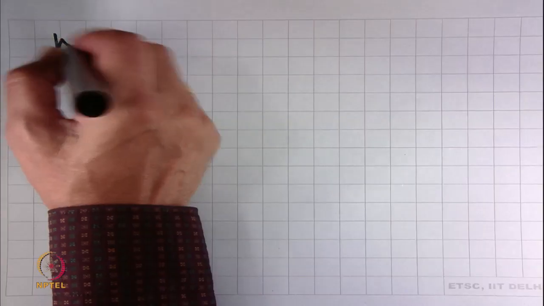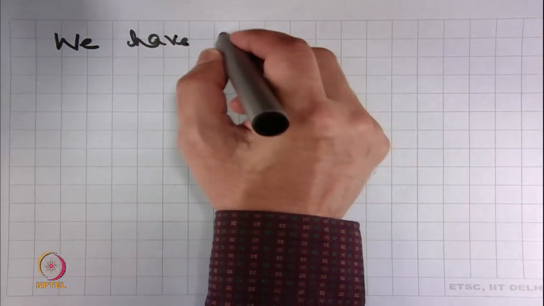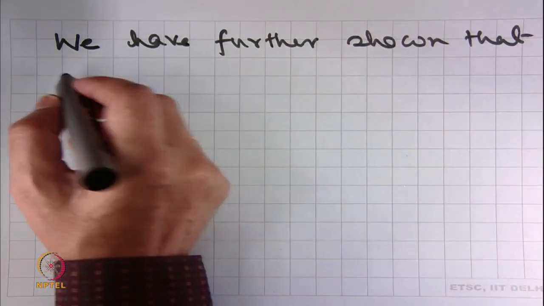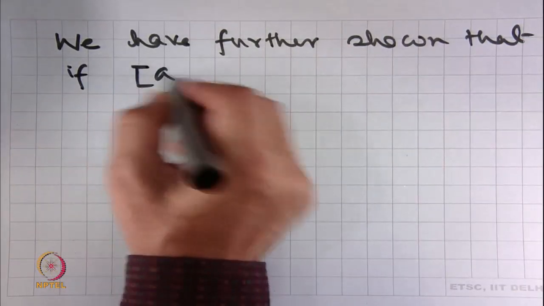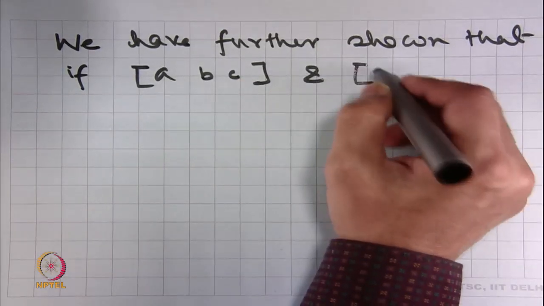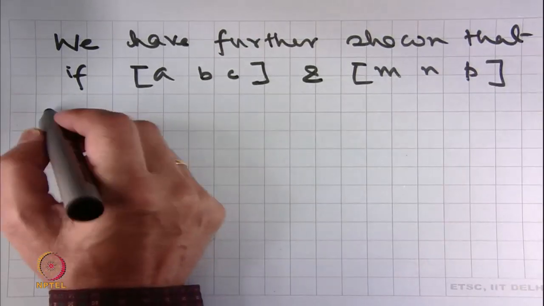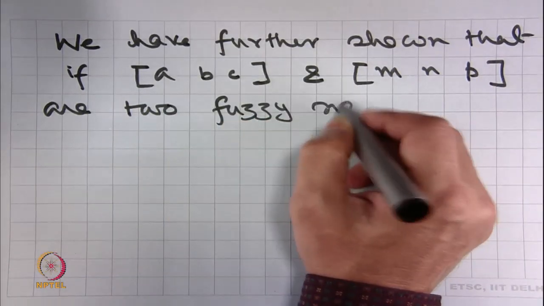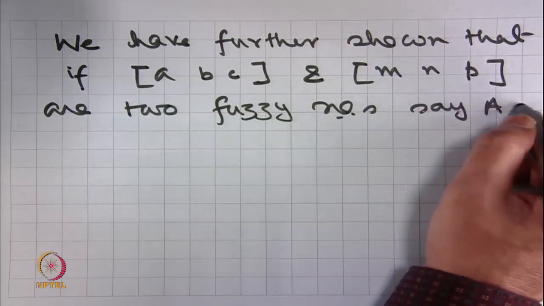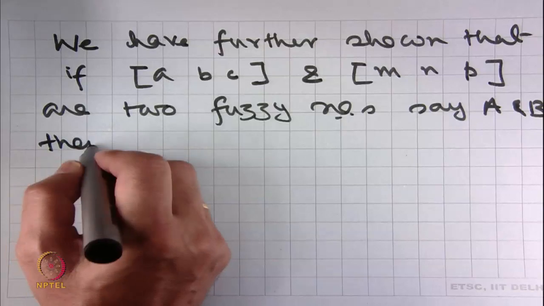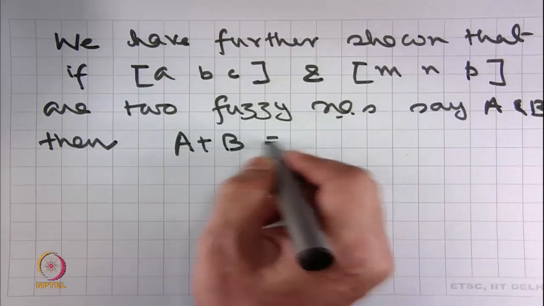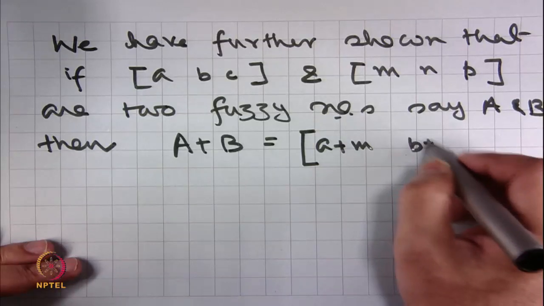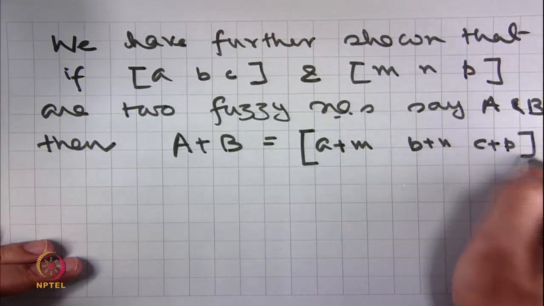We have further shown that if (A, B, C) and (M, N, P) are two fuzzy numbers, say A and B, then A plus B is actually the TFN (A plus M, B plus N, C plus P).